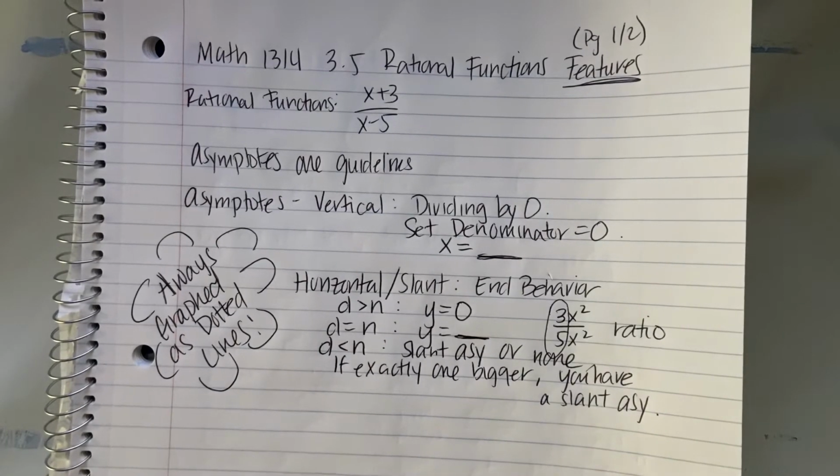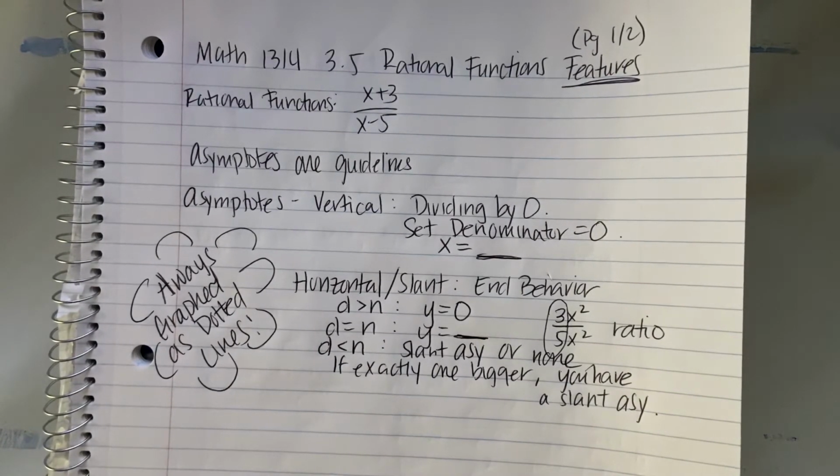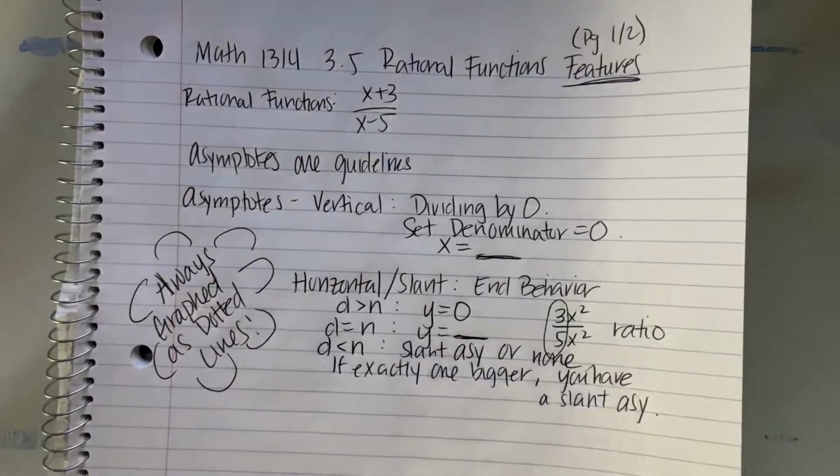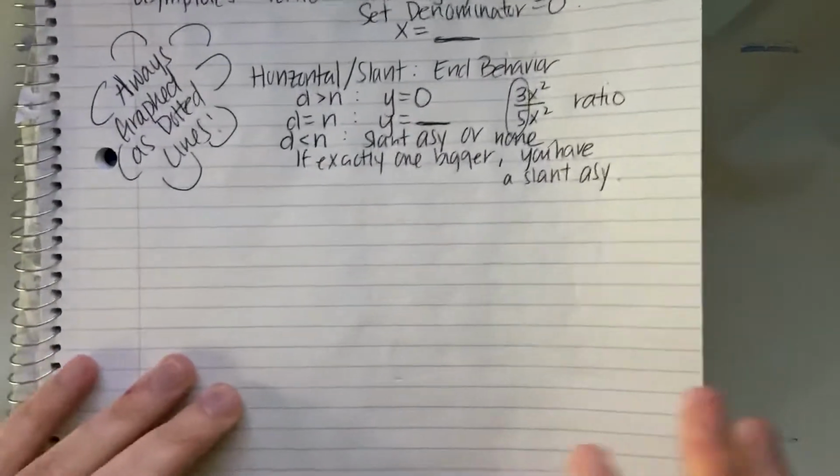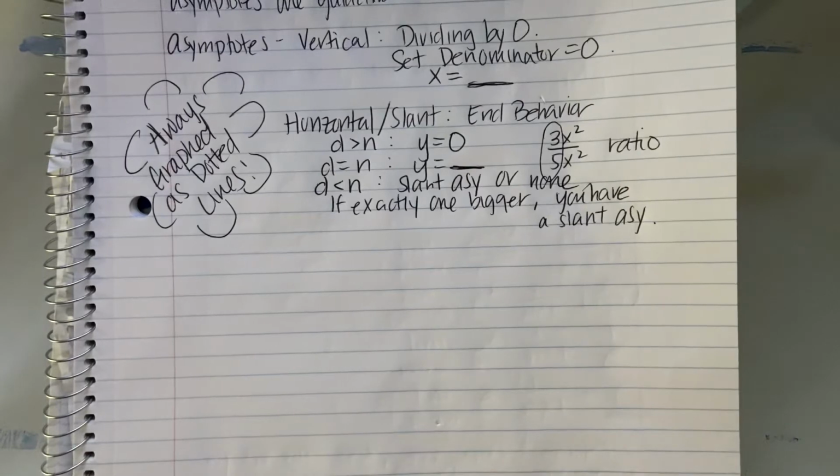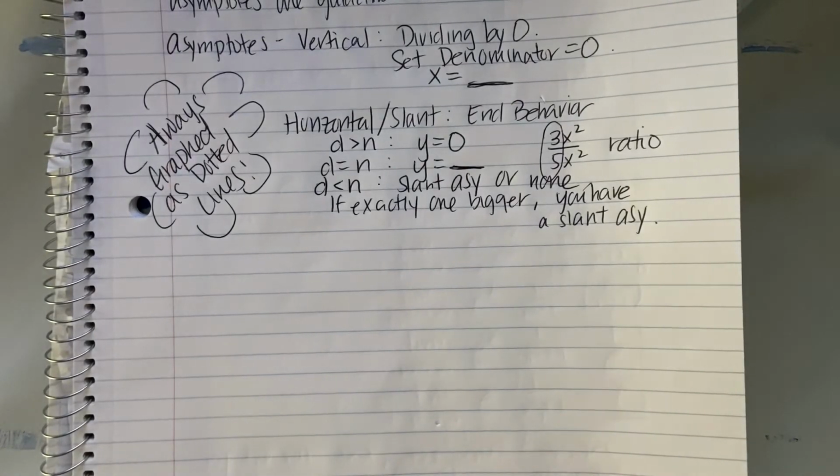Now, these are not the only features you could have. Technically, there's one other feature, and for that we have to talk about, we know what undefined is, right? It's when you divide by 0. Something like 3 divided by 0 is undefined because it's either hugely positive or hugely negative.